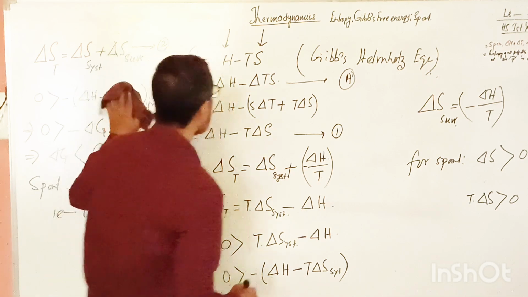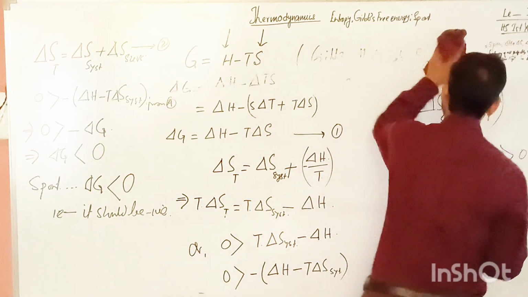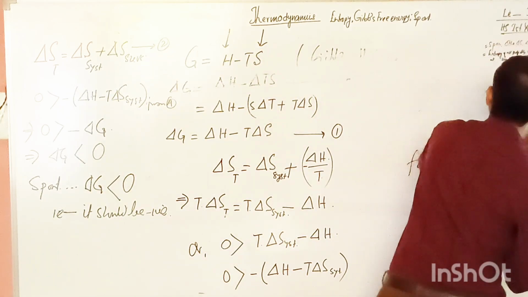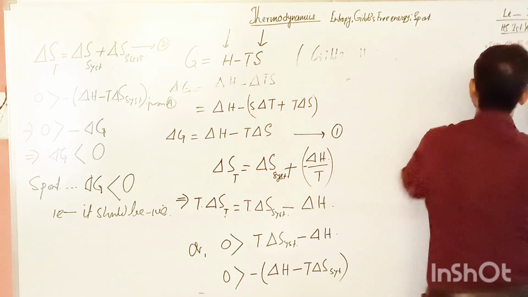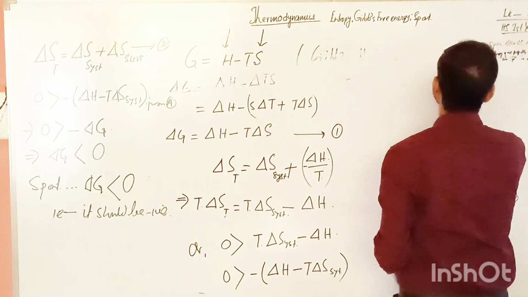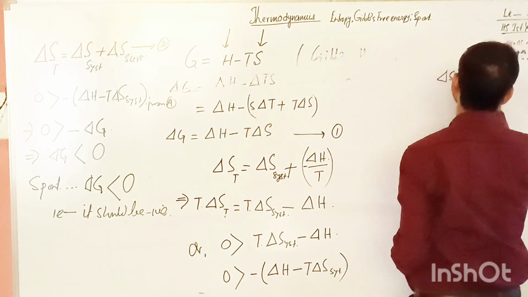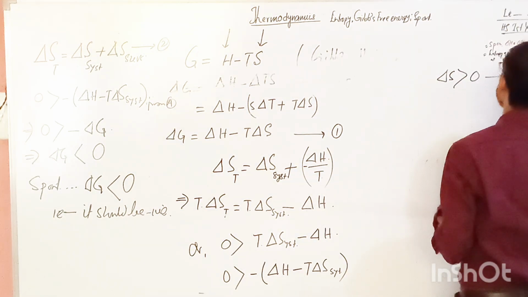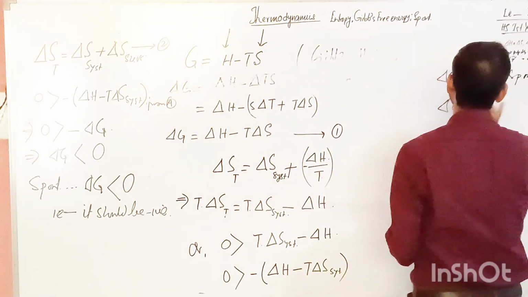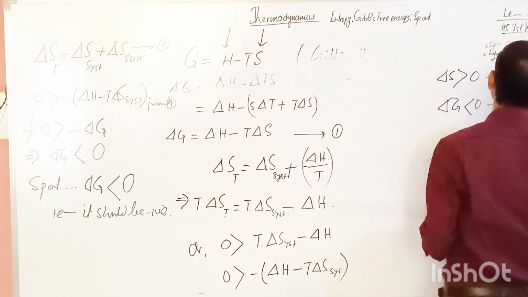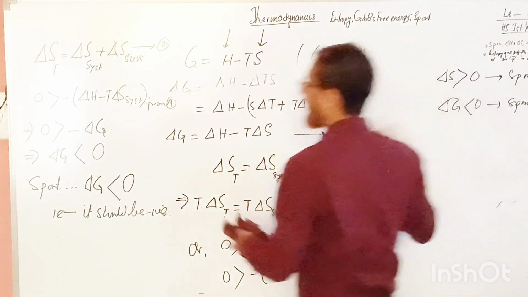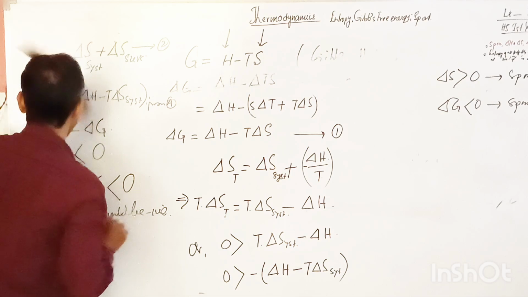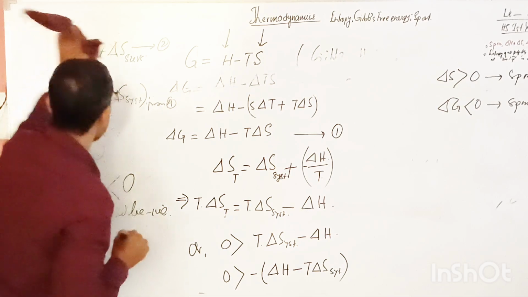So for spontaneity, del G is equal to minus something, that is, del S greater than 0 is spontaneous. Now we have got del G less than 0, it is spontaneous. We have arrived at these two criteria, one is del G and the other is del S.